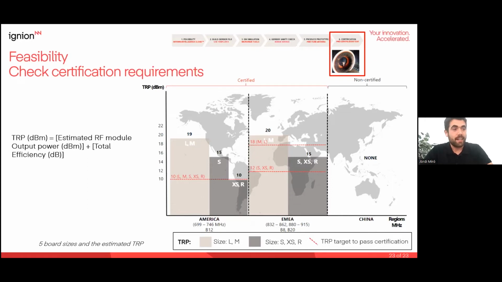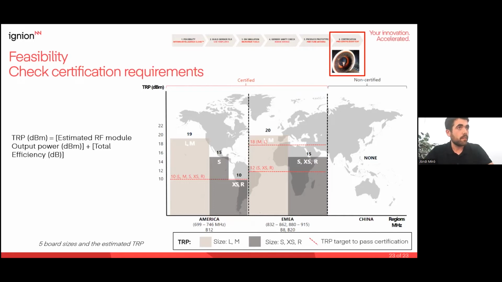So if you want an IoT device that works well, please follow the design recommendations and all the steps mentioned before. On the left of this slide, you can see the formula for estimated TRP. This is why I mentioned before that with the Antenna Intelligence Cloud tool, we will provide you total efficiency at the earliest stage of your device.